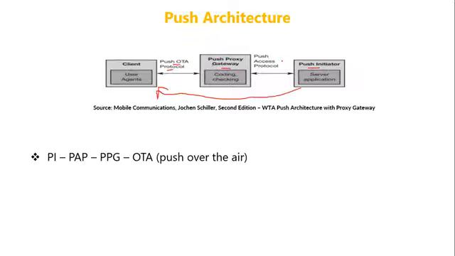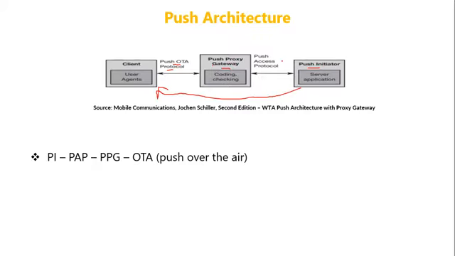PPG accepts push messages from a PI and checks if this message can be forwarded to the client. Checking includes mapping of a client address onto a format valid in the mobile network. Checking means converting the client address to a proper format that will be understandable by the mobile network.